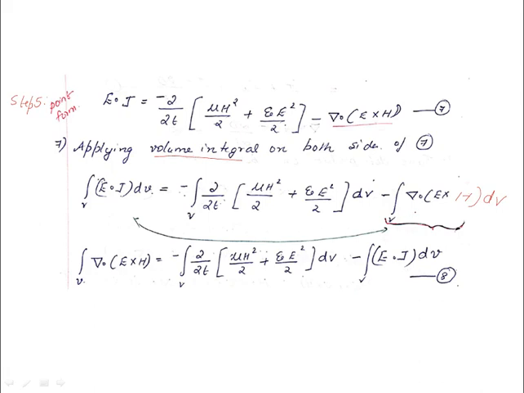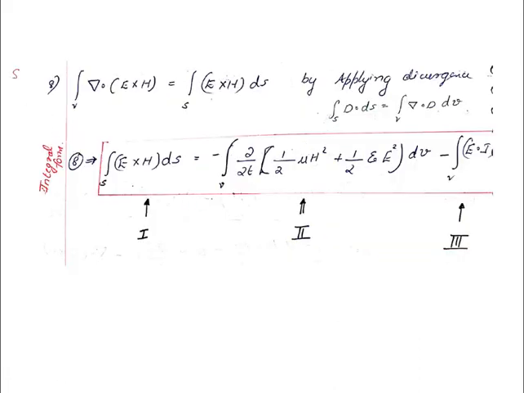Now at the end we should get Poynting vector, so this is nothing but E cross H. So I am taking this term to the left hand side, so volume integral of del dot E cross H is equal to minus volume integral of del by del t of mu H square plus epsilon E square into dv. Put this term over here, so minus volume integral E dot J dv, that is step 5. So in step 5 what we did is just rearrange a whole thing and put a volume integral, that's it.